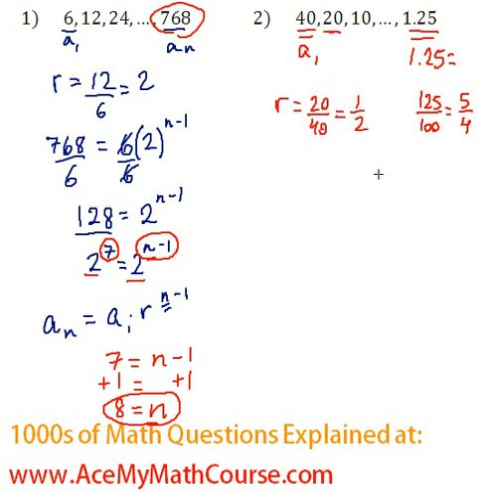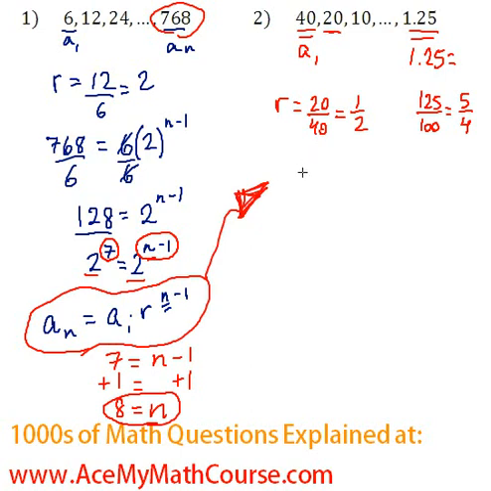Great, now we have all components except for n. We're going to use the same formula. So that's going to be just 5 over 4 equals the first term, which is 40, times a half to the power of n minus 1.